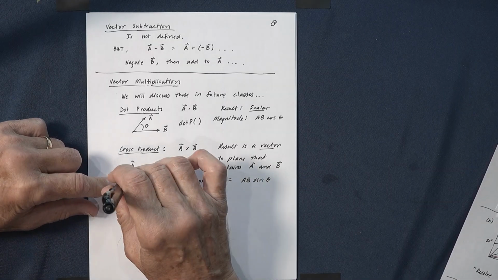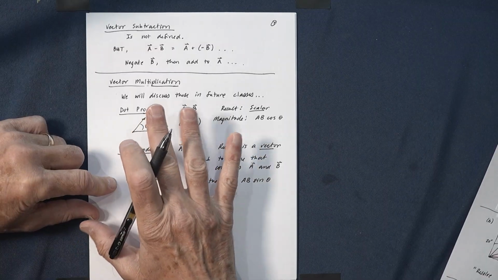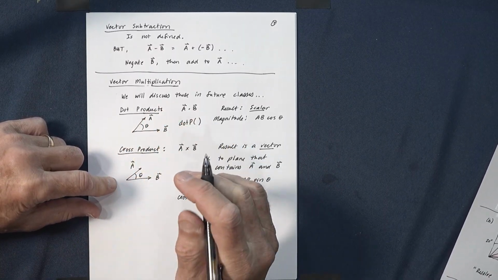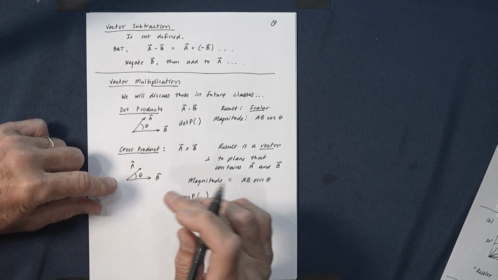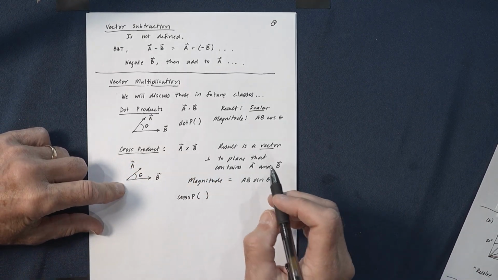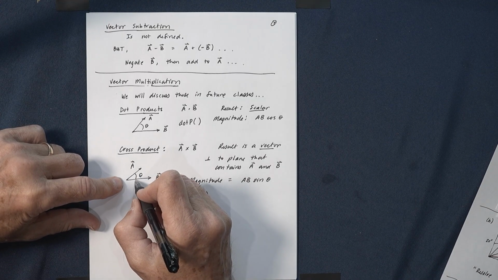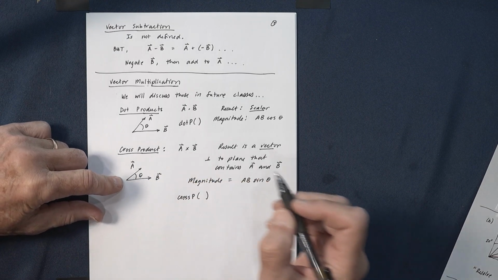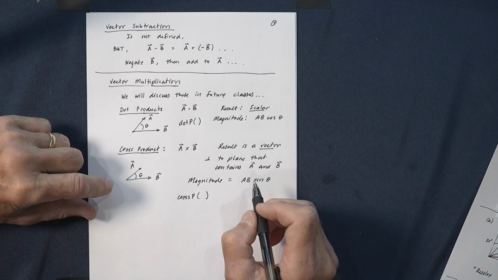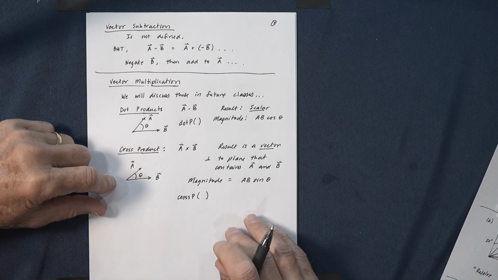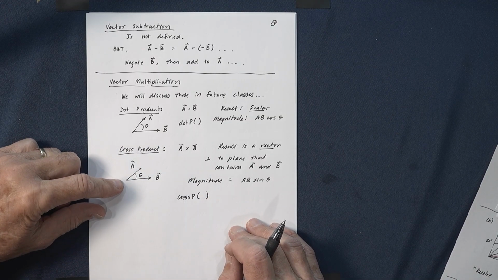And that vector is perpendicular to the plane that contains A and B. So if A and B lie in this plane, then the result is a vector that's perpendicular to this plane. And the magnitude of that guy is equal to AB sine theta. Again, theta is the angle between A and B, and sine of that times the magnitude of A times the magnitude of B gives you the magnitude of the cross product. And we'll use that in this class extensively as well.